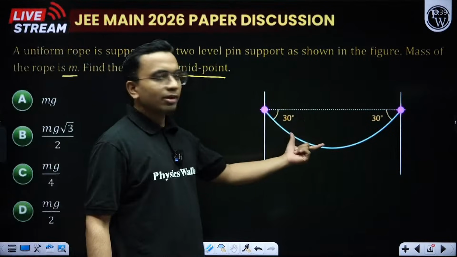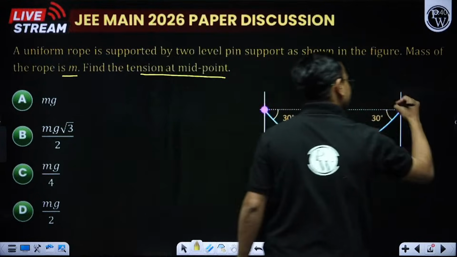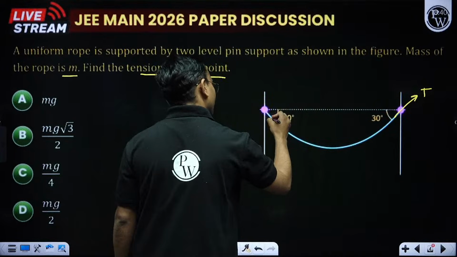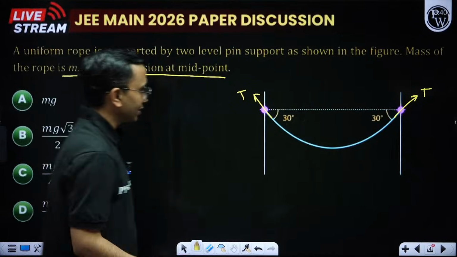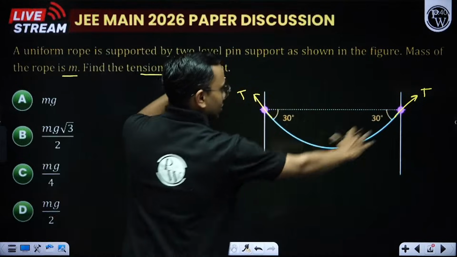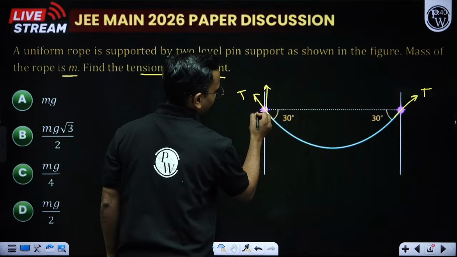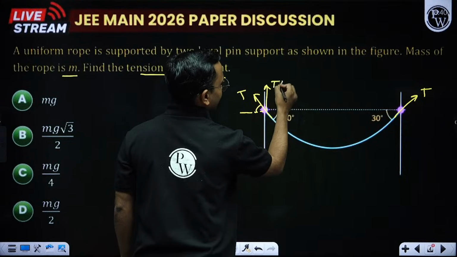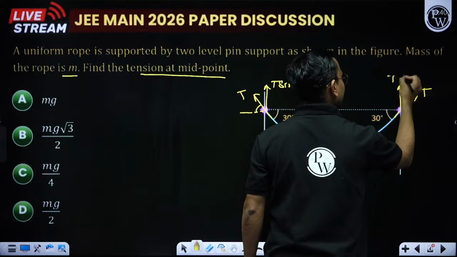Now this is our rope, this is a uniform rope. From symmetry I can say this tension is T, so this tension will also be T, isn't it? Now on this total rope, the vertical component of this T will be, this is 30, this is 30, so this will be T sine 30 and this also T sine 30.